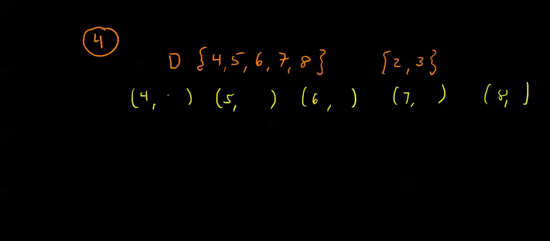Now, 4 could be 2 or 3, 5 could be 2 or 3. For instance, it could be 2, 3, 3, 3, 3. All right? I don't know how many times 2 is used. I don't know how many times 3 is used. But when x is 4, there's one and only one value of y.